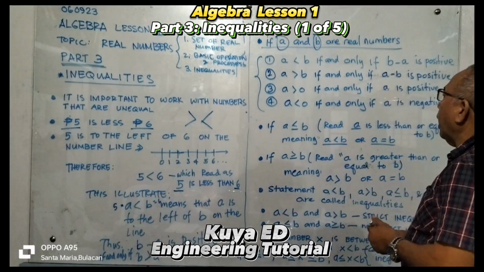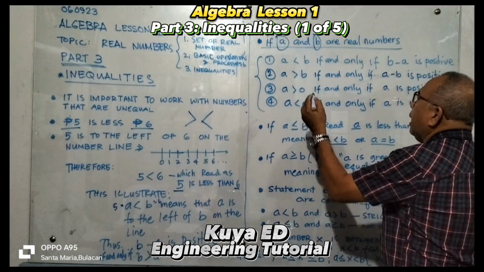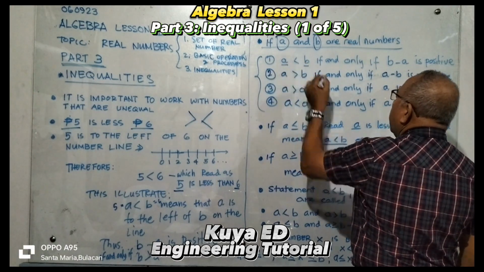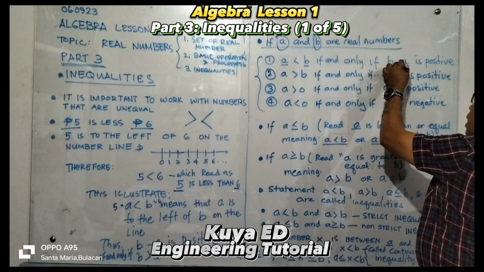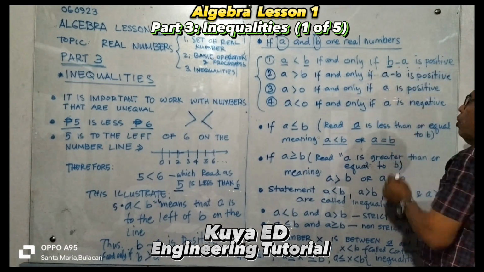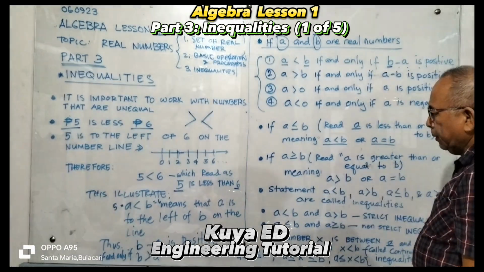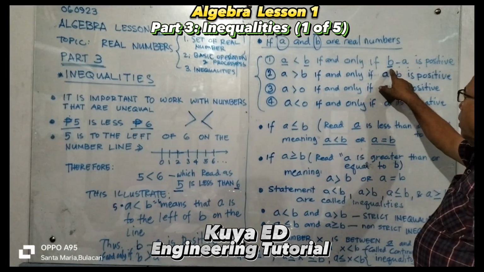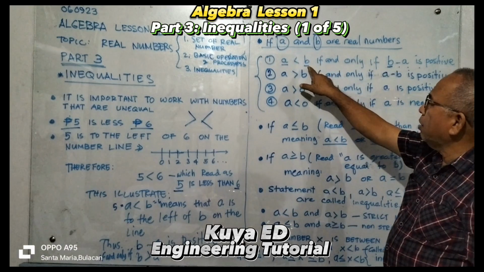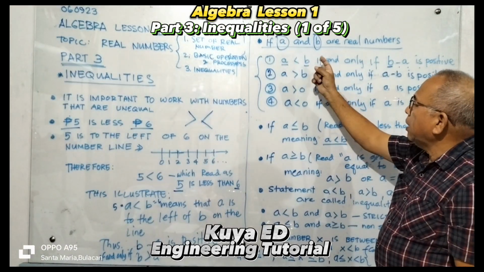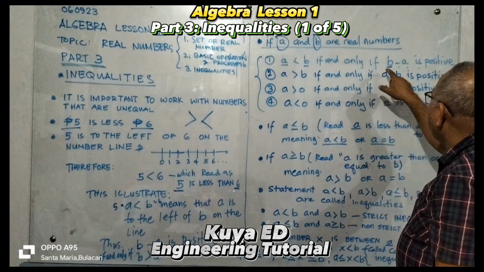In this case, we have here, A is less than B if and only if B minus A is positive. So, anong ibig sabihin? B is greater. Kaya, sinabi natin less than.